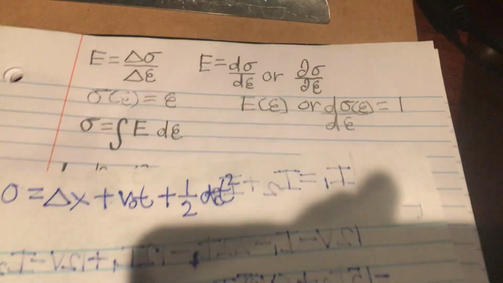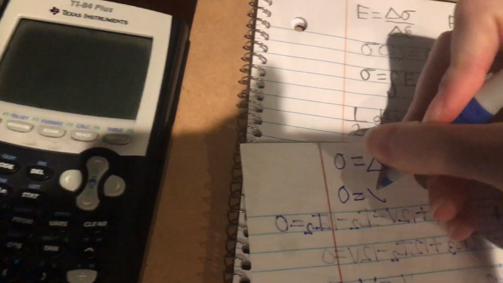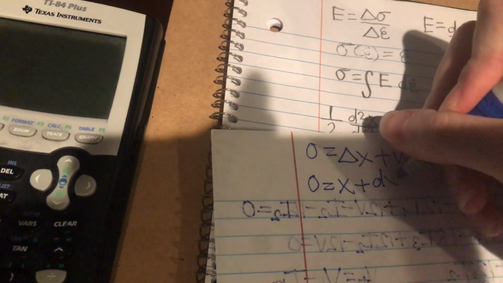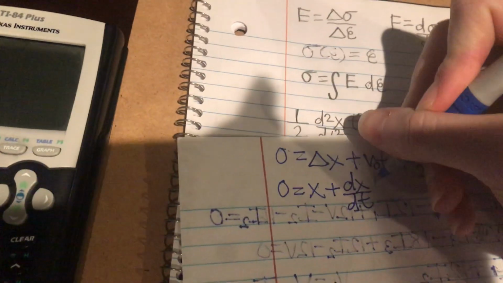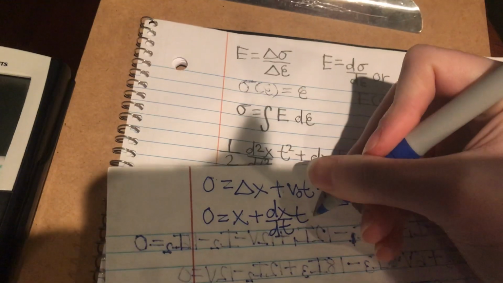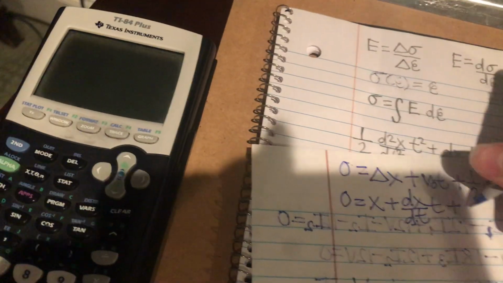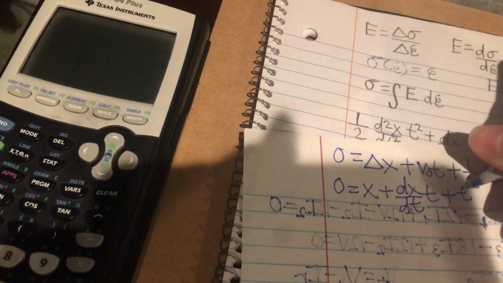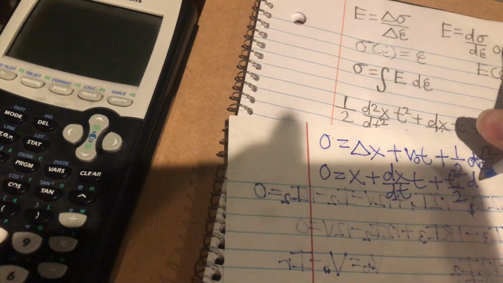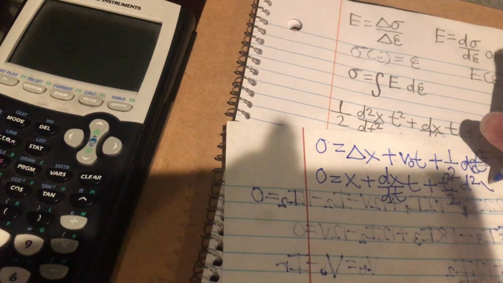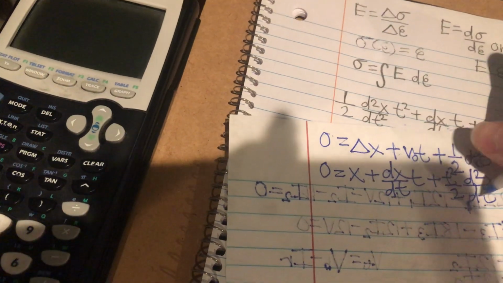In this scenario, we're going to be dealing with complex roots, so I'll state 0 equals x plus dx/dt, plus t squared times d squared x over dt squared.